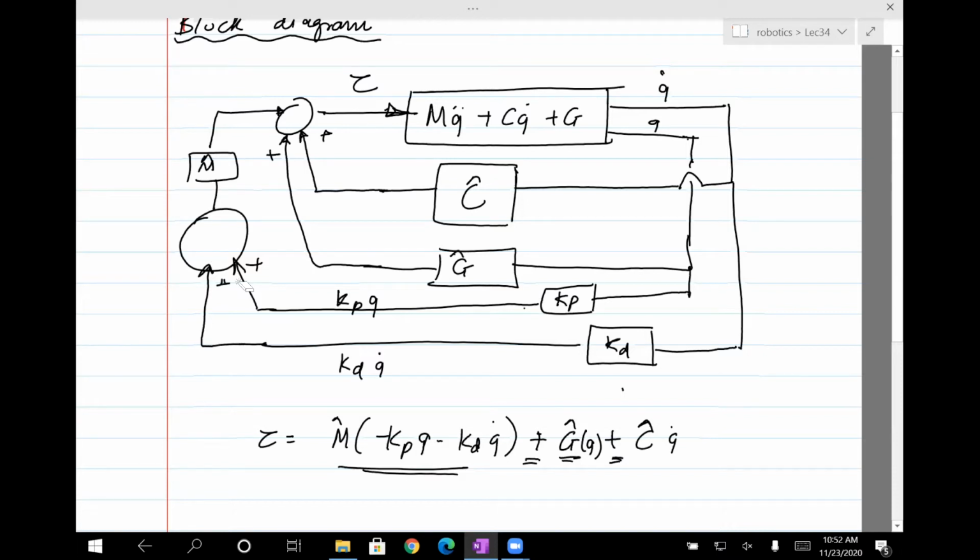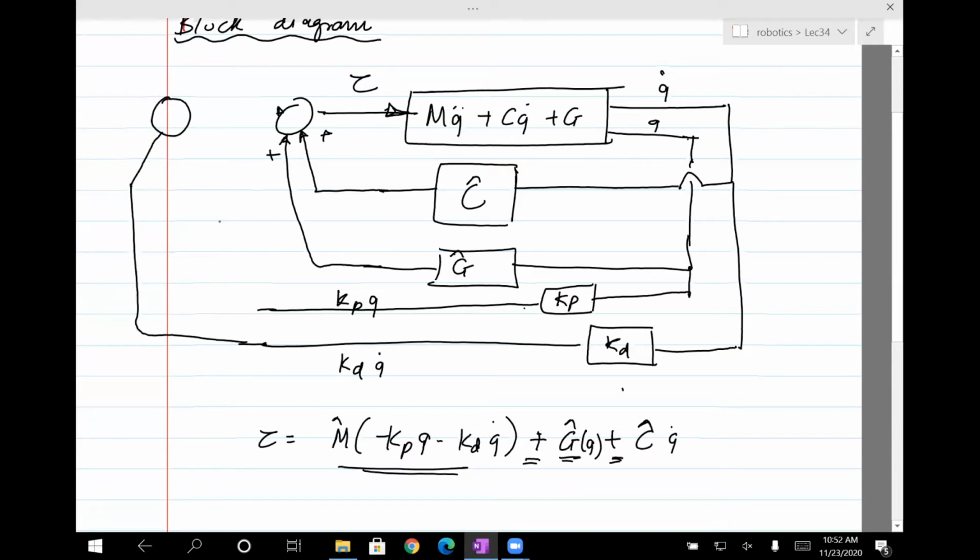Okay, it's not the best way of writing this. Let me put this here so it looks much cleaner. Then the m is here, m hat. So this is kp q, kd q dot, and m hat.